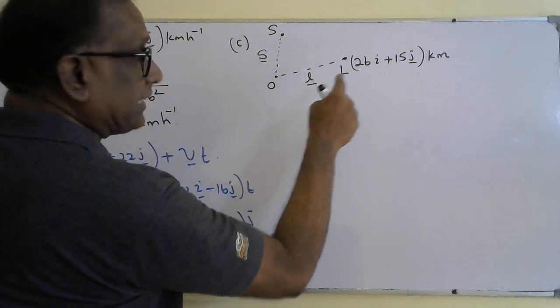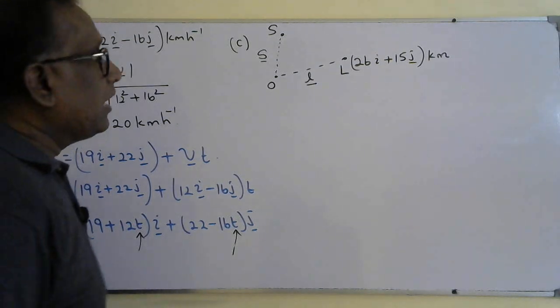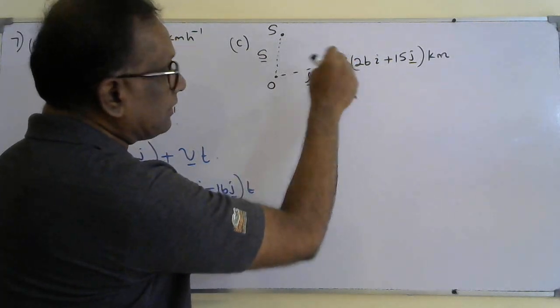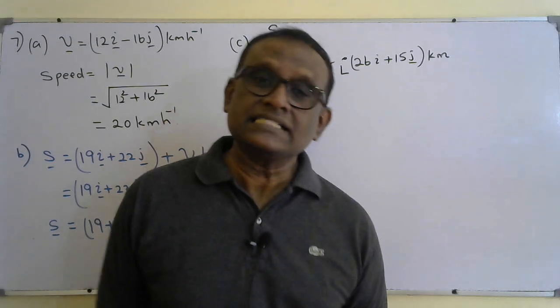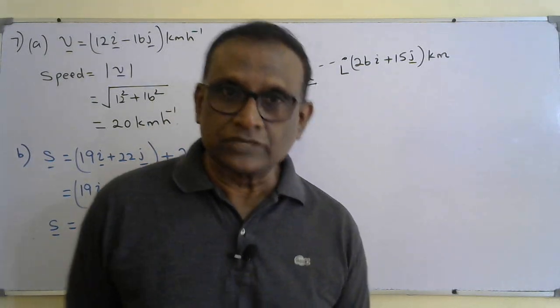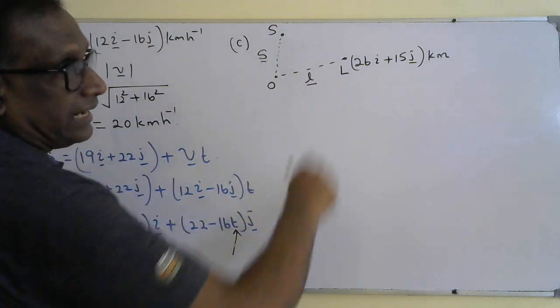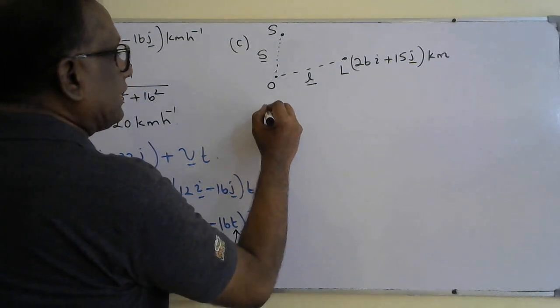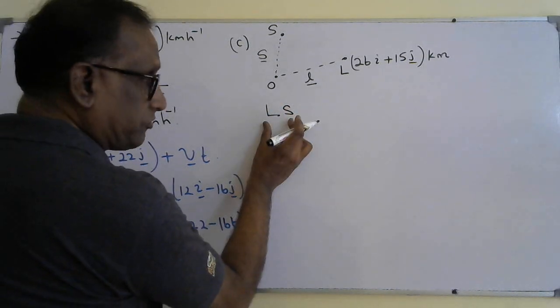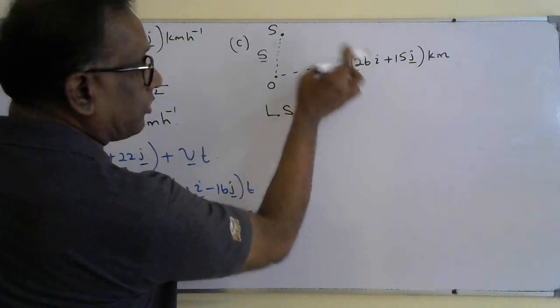The vector LS is going to be the position vector of S relative to L. If I find the modulus of it, that will be the distance of S from L.